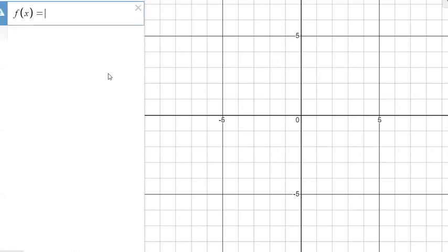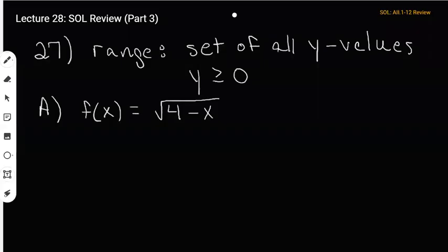So I'm going to go to Desmos, and I'm going to type in square root of 4 minus x. When I look at it, all the y values start at 0. That's the x-axis, and it's going to go up from there. So this one is going to have a range of y is greater than or equal to 0.